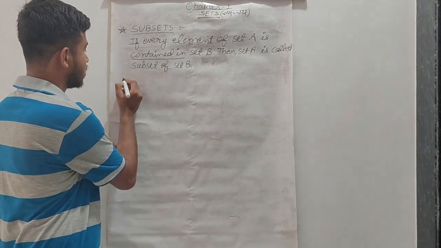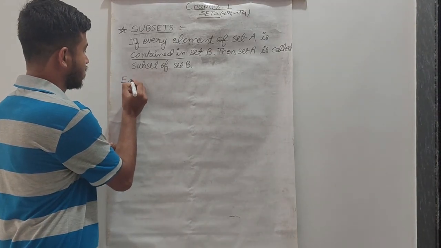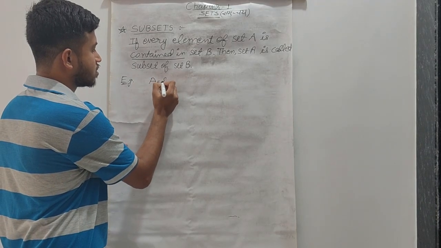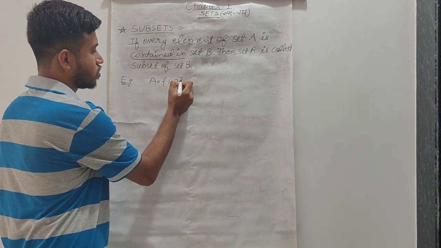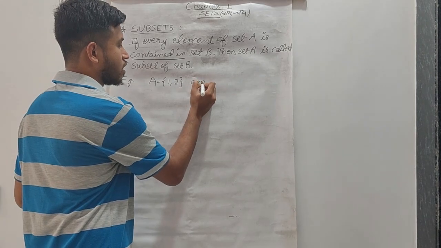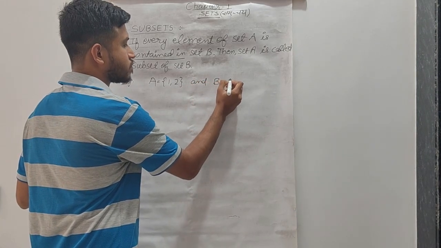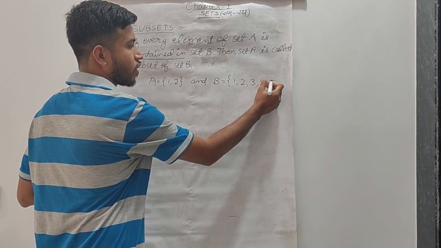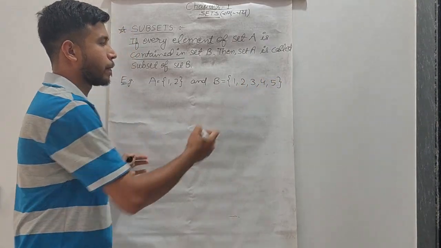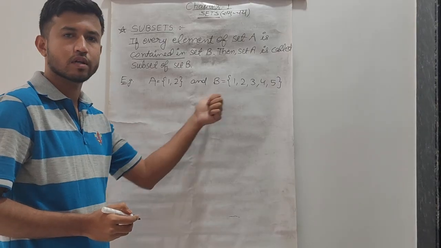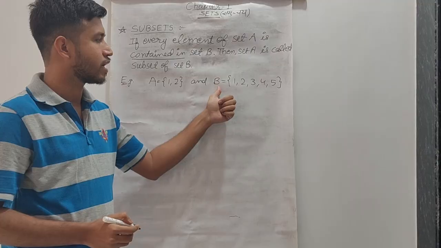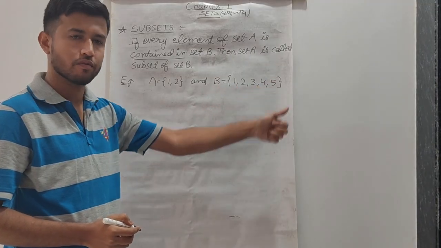Let us take an example. For example, set A is taken as 1, 2, and set B is taken as 1, 2, 3, 4, 5. Here we have taken two sets: A, which has elements 1 and 2, and set B, which has elements 1, 2, 3, 4, and 5.